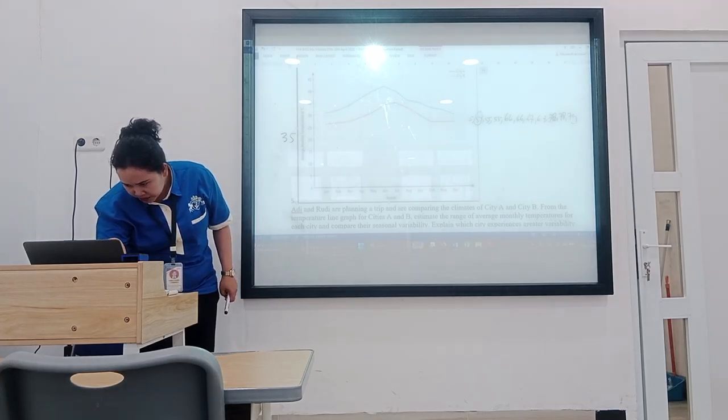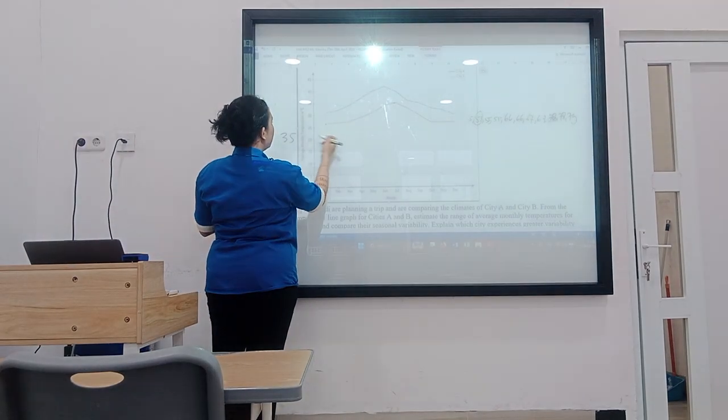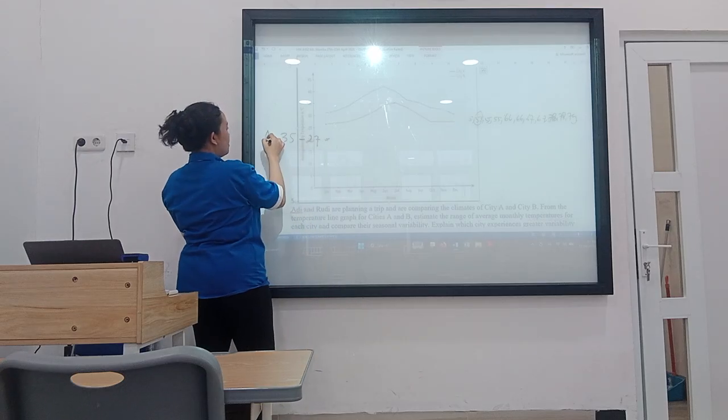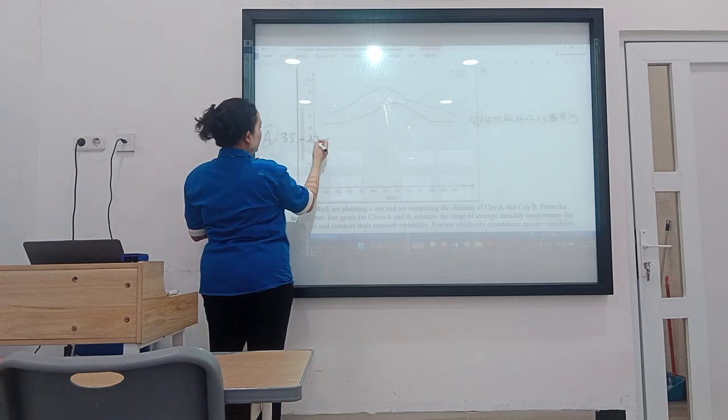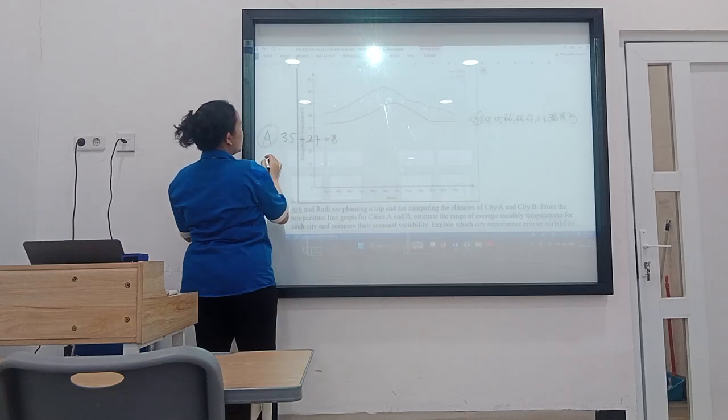City A, the red one. 27, this one I think. Okay, 27. So the range for city A is 8.